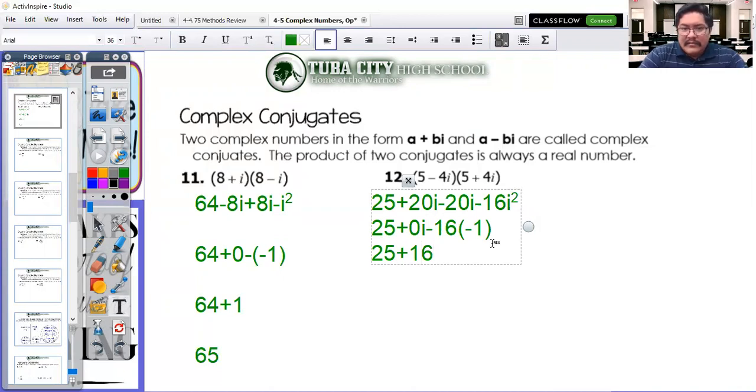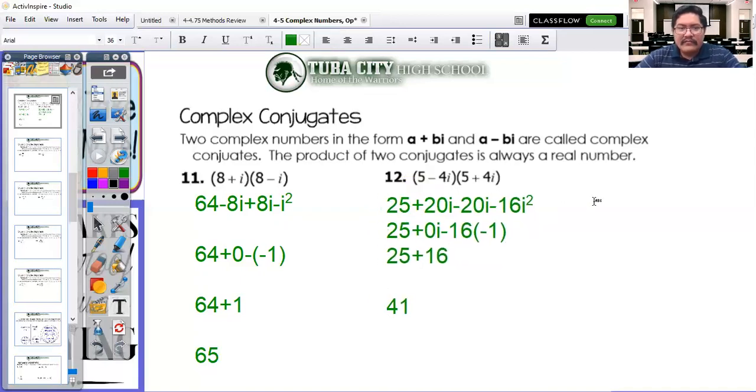And that will become 25 plus 16. So 35 plus 6 would be 41. So 41 would be our final answer for this one here. So the simplified form of that number would be 41.